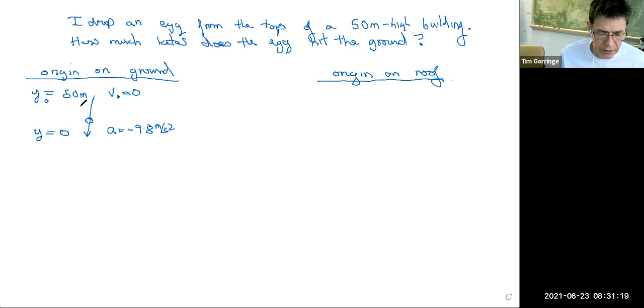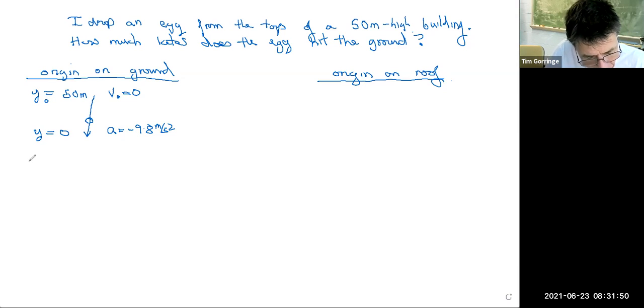And I've written down the positions, velocities, accelerations consistent with that choice of up being the positive direction and the ground being the coordinate origin. So the rooftop height is positive 50 meters. The acceleration of gravity is negative 9.8 meters per second squared.